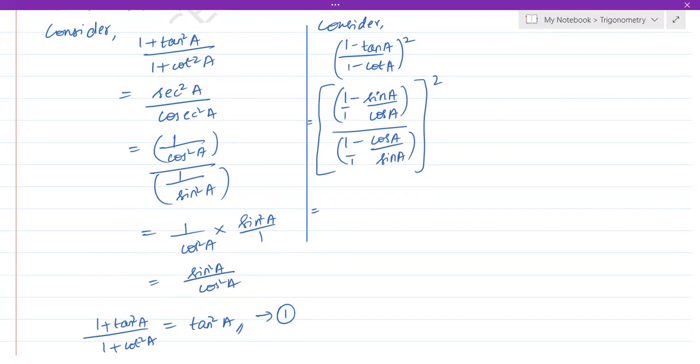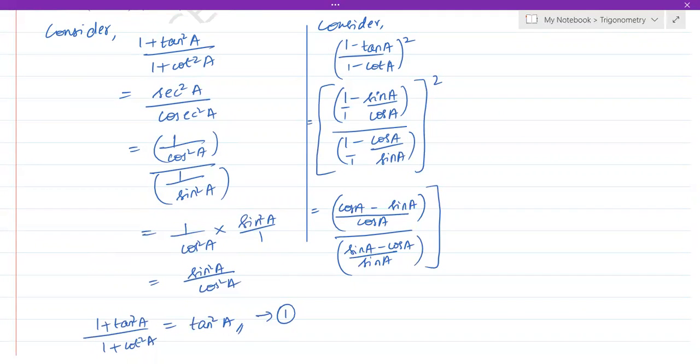So take the LCM. 1 into cos a is cos a, then crisscross, 1 into sin a is sin a, so cos a minus sin a. Same thing for the denominator. 1 into sin a is sin a, then crisscross, we will get sin a minus cos a. So the whole square.